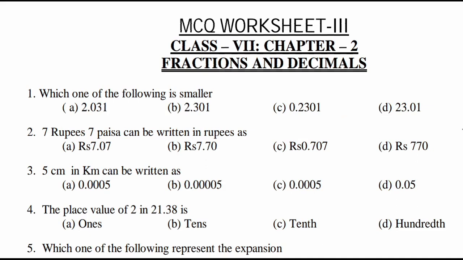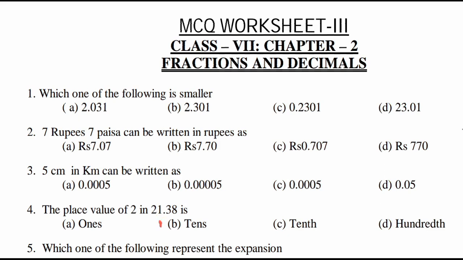Next question is, the place value of 2 in 21.38 is. Now the position of 2 in this number is tens, right? As we can refer to the place value of each digit.